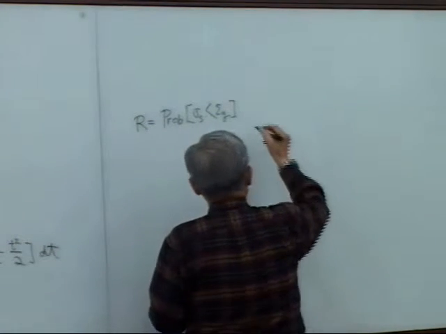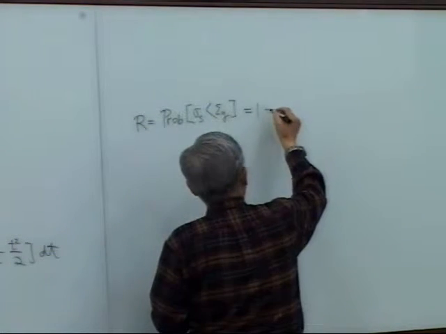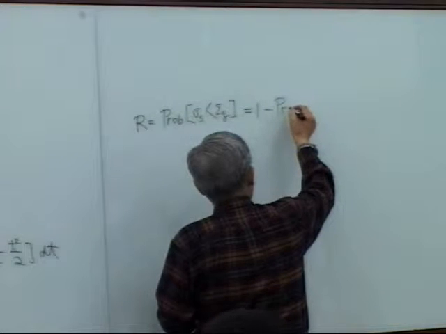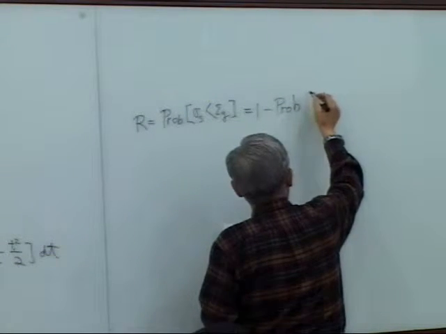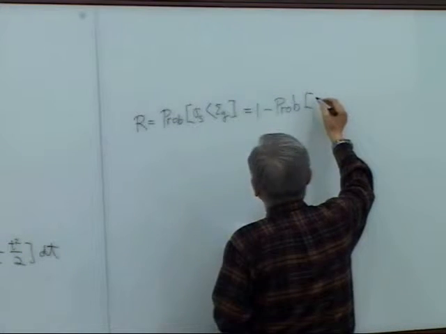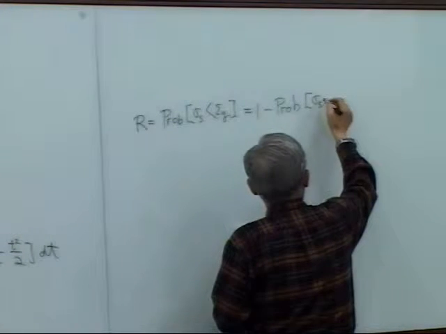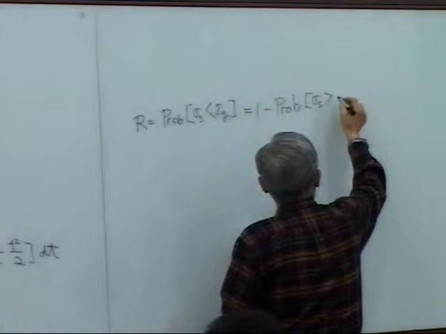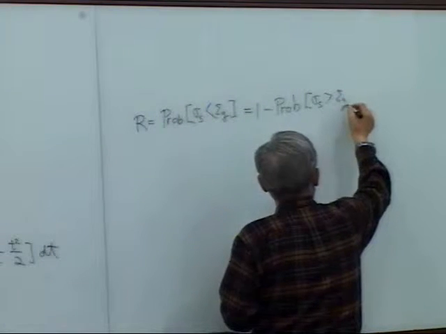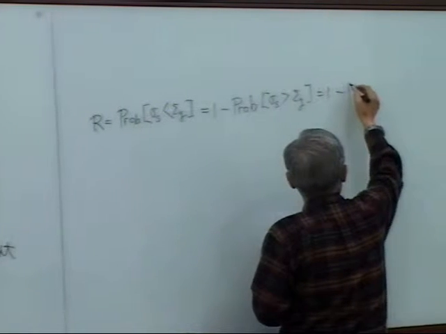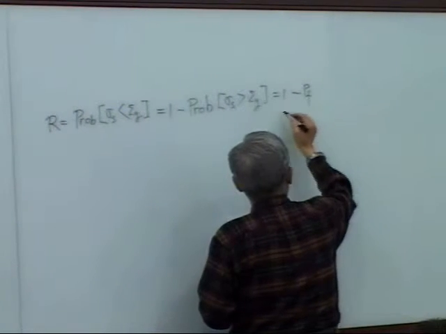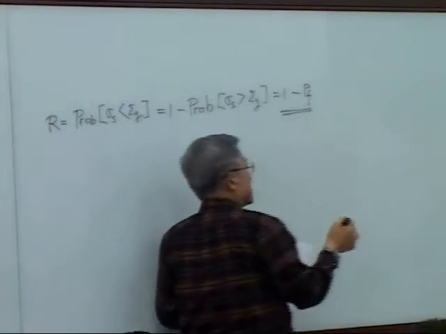So here you can have 1 minus probability. You can say, well, first this is sigma s, sigma y, or 1 minus probability of failure.